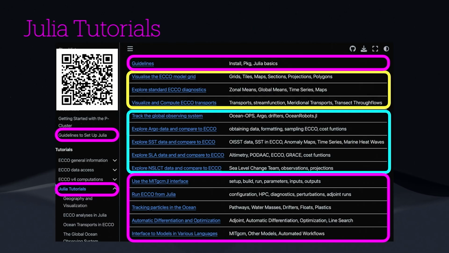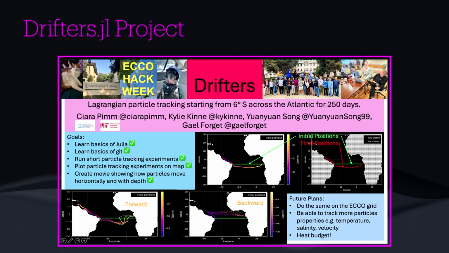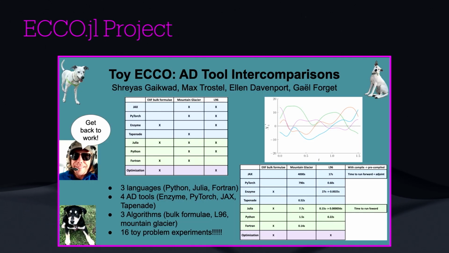The other folks had Python stuff and Fortran stuff and so on. I brought a whole bunch of notebooks. And then we did a couple of projects, one with the Drifters package, and one on automatic differentiation, where we started comparing different AD tools. By that I mean Enzyme, and we also had JAX, PyTorch, and all of that.